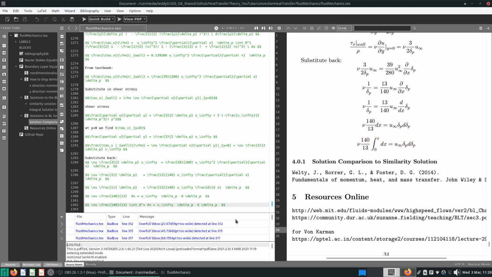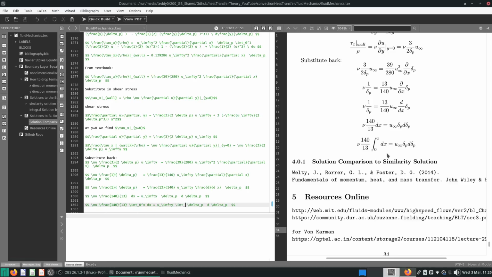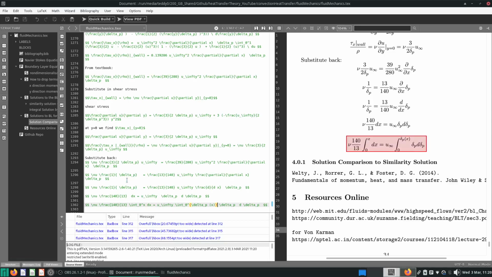The right side, well, when x equals 0, there's no boundary layer thickness, so delta p at x equals 0 is 0. Then when x equals x, along that line, delta p will just be the boundary layer thickness at that point.